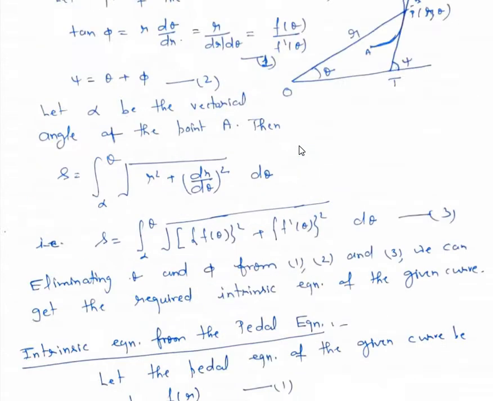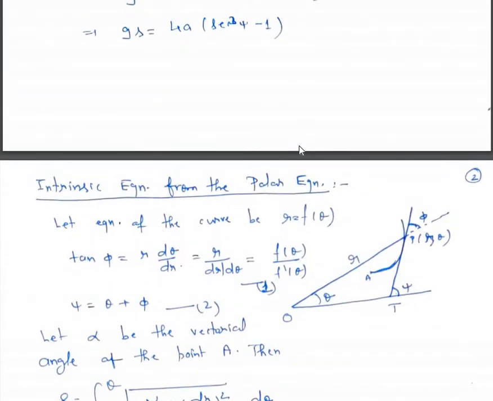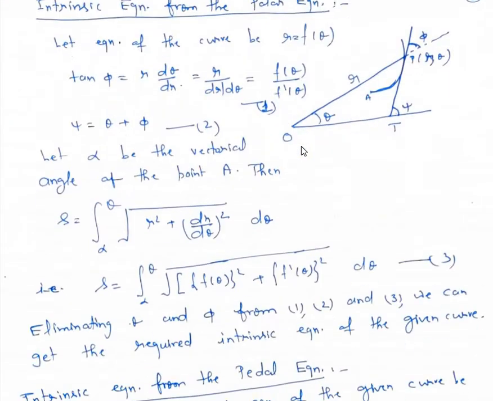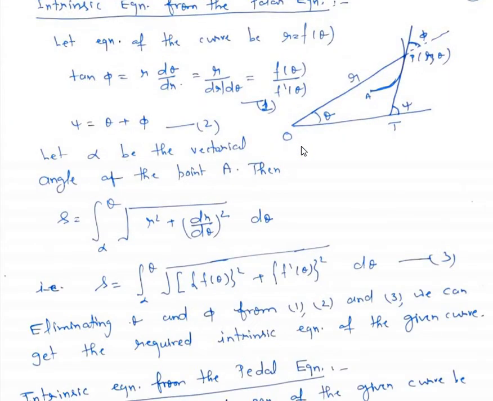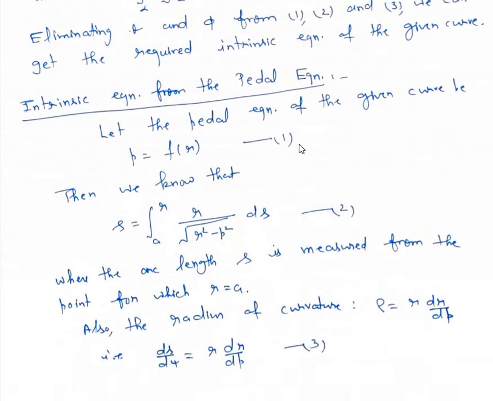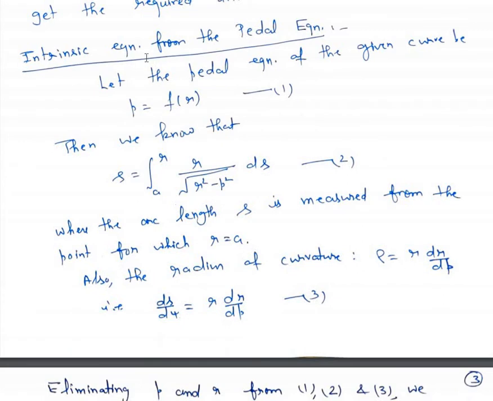For finding out the intrinsic equation when the curve is given in the parametric form, we make use of the same method which we adopted while finding out the intrinsic equation when the curve is given in Cartesian form. We'll take a few examples. And the last one is the intrinsic equation from the pedal equation.